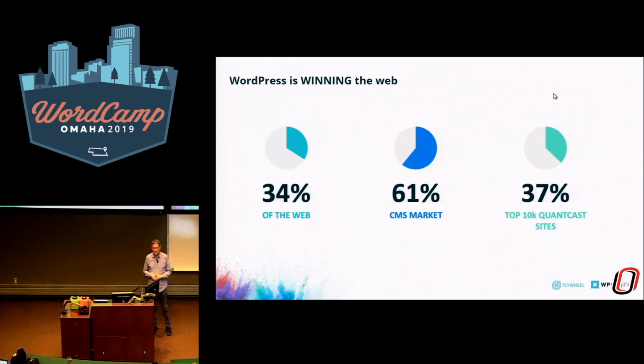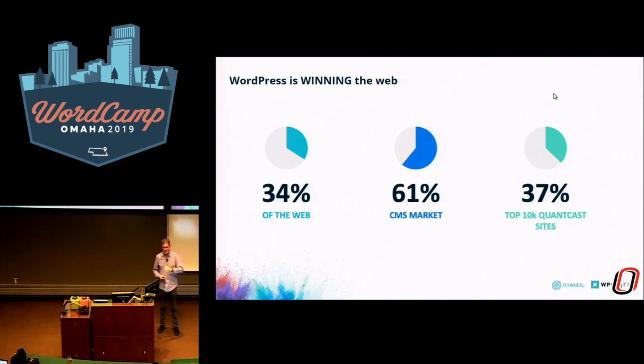I want to talk to you today about the block editor in WordPress, and specifically, why is it important, what impacts does it have, and what does it mean for us building with WordPress? One of the reasons I think it's so important is the scale of WordPress. WordPress accounts for 34% of all websites, and that's huge. In 2010, when WP Engine was founded, it was about 11 to 12%.